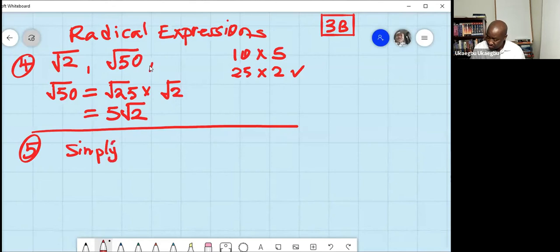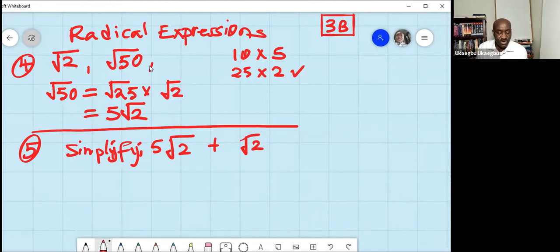Simplify square root of 5 square root of 2 plus square root of 2. Please correct any wrong spelling. It can come as simplify, it can come as evaluate, it can come as solve.